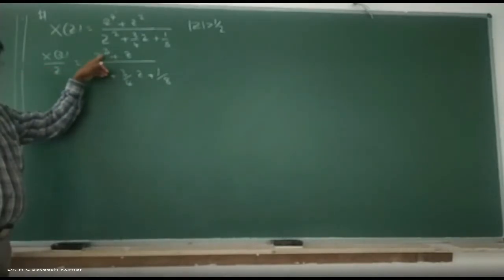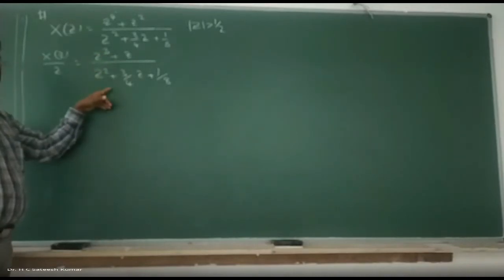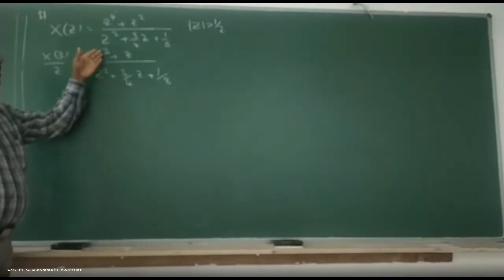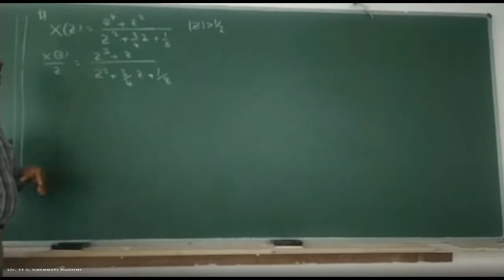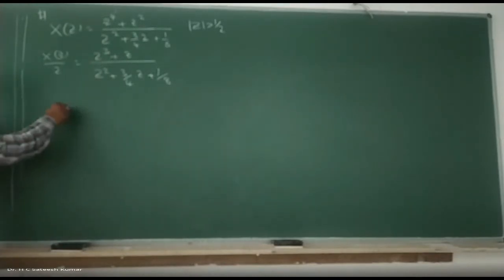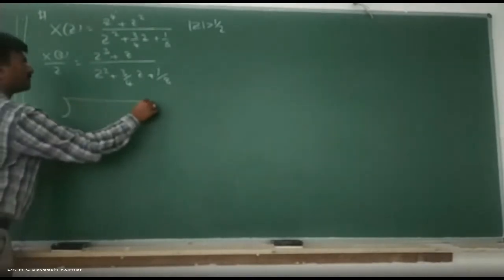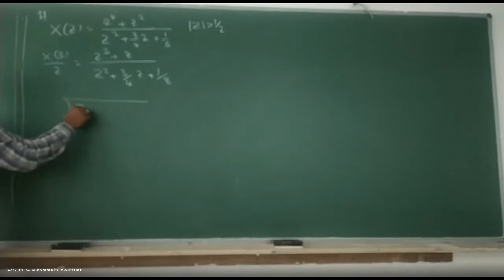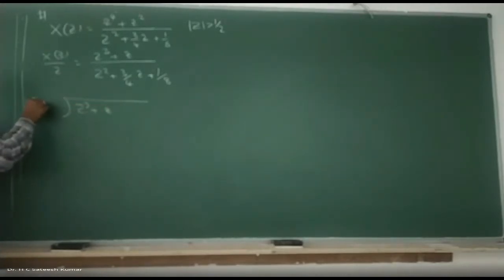Therefore, you should divide the numerator so that its power becomes less than the denominator power. So I'll go for division: Z cube plus Z divided by Z square plus 3 by 4 Z plus 1 by 8.